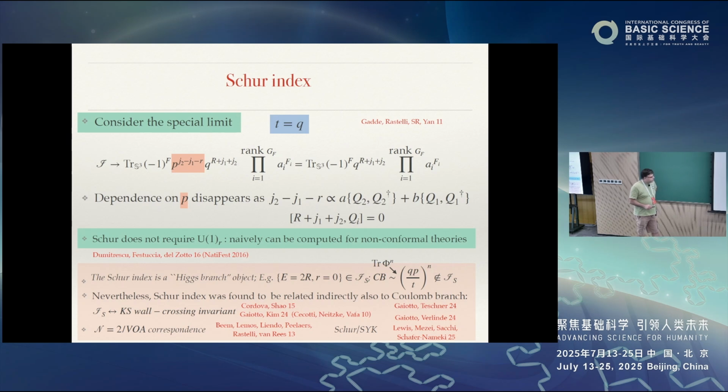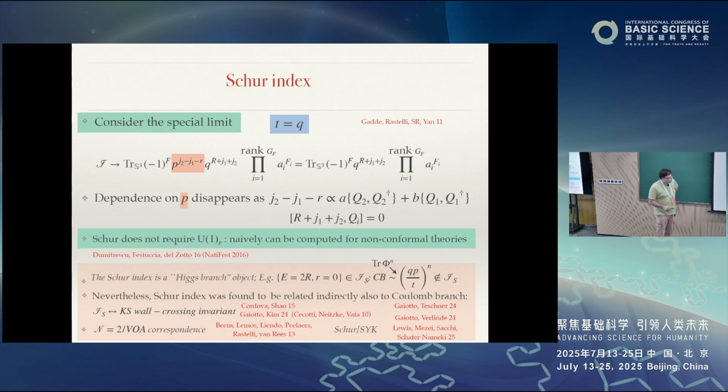Another thing that I want to stress about the Schur index is it is naively a Higgs branch object. Why? Well, first of all, Higgs branch operators contribute to the Schur index. And second of all, naively, the Coulomb branch operators do not contribute. We said that the dependence on P in the Schur index disappears.